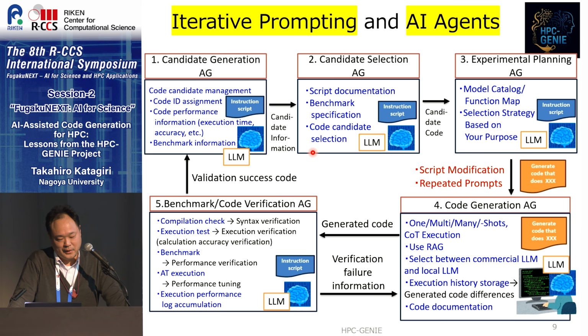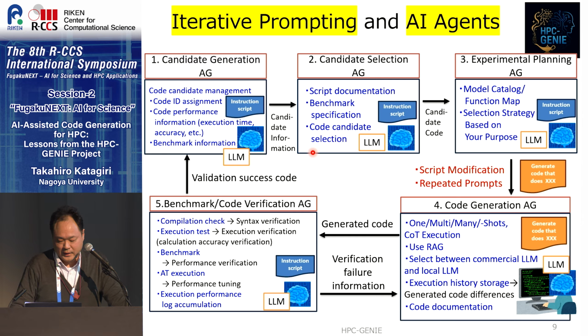Another thing we are focused on is iterative prompting and AI agents. To do the optimization, we have many phases like this. The first is the candidate generation phase, the second is the selection phase, and the third is the experimental planning phase.